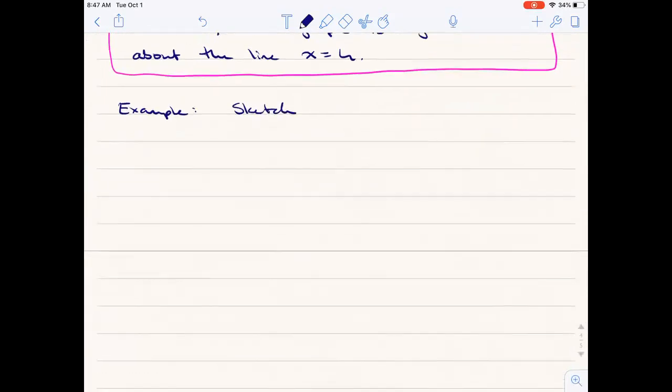If we just have to sketch, so nothing crazy here, f of x is the absolute value of x plus 3, and then plus 2.